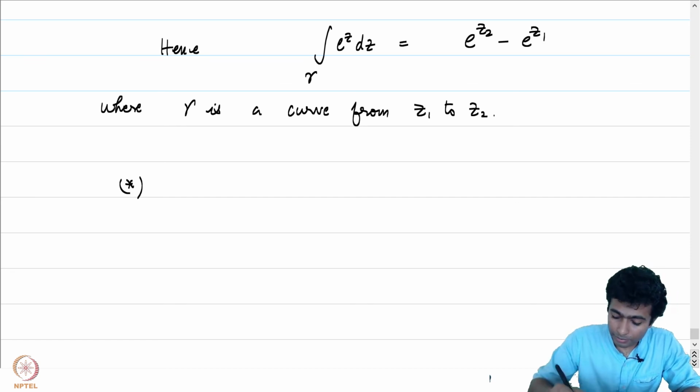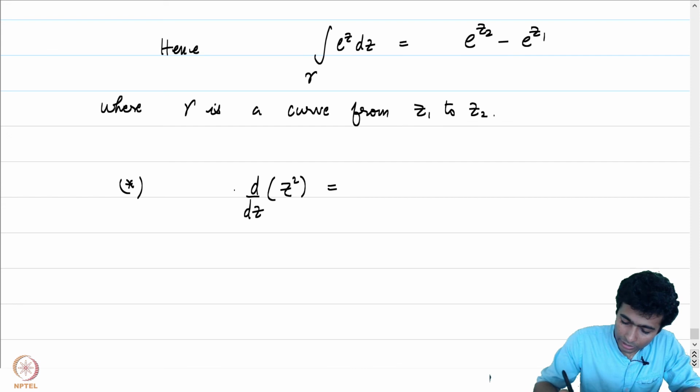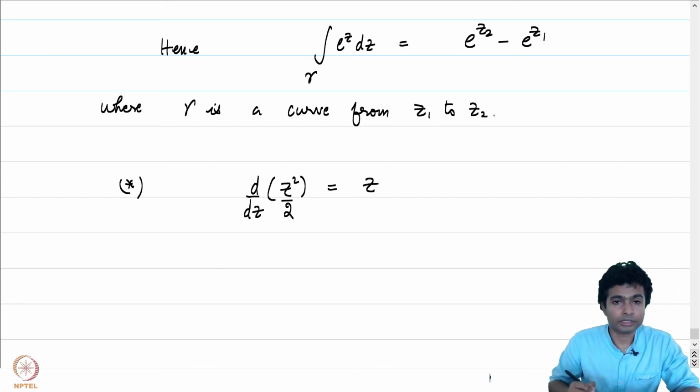Let's now look at another example. We know that d by dz of z square by 2 is equal to z.